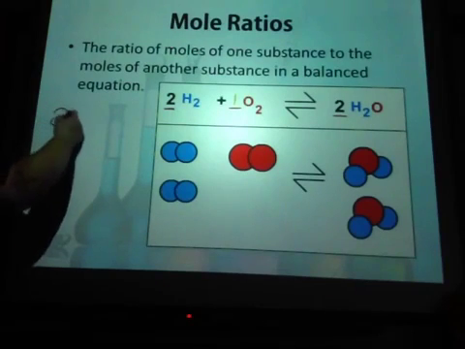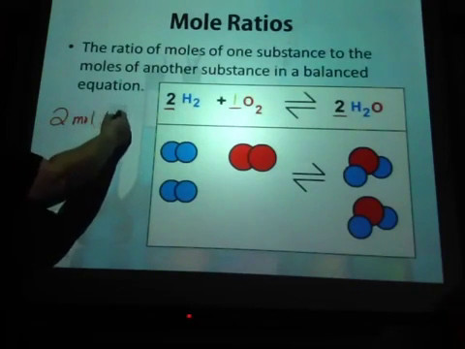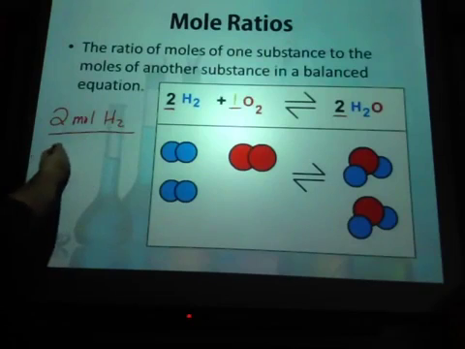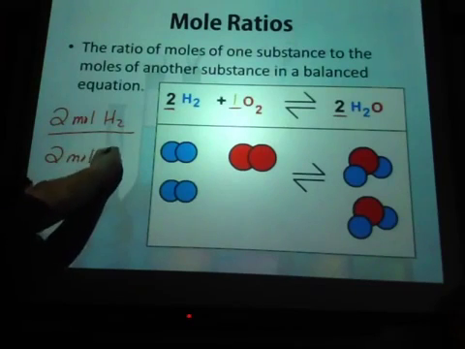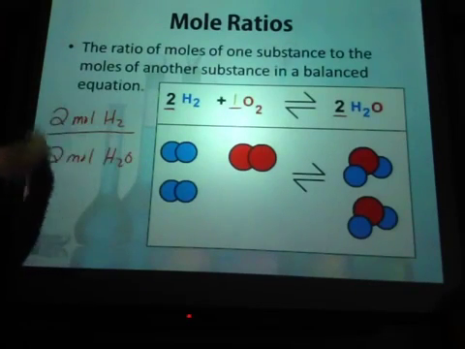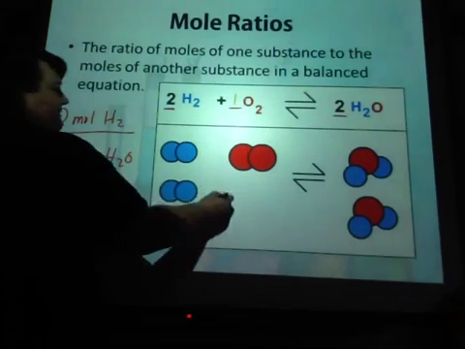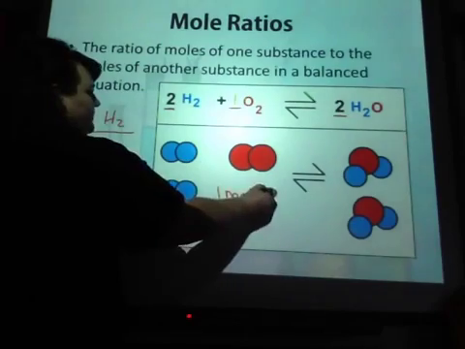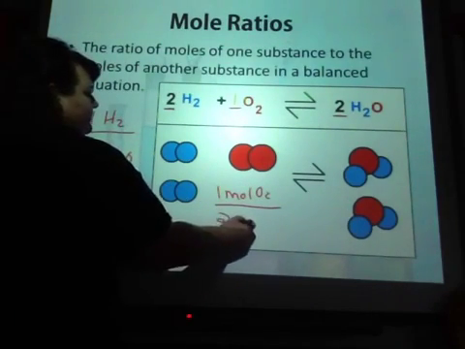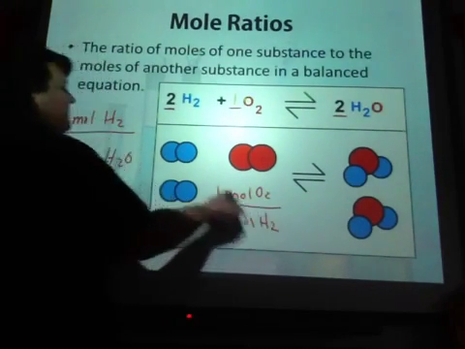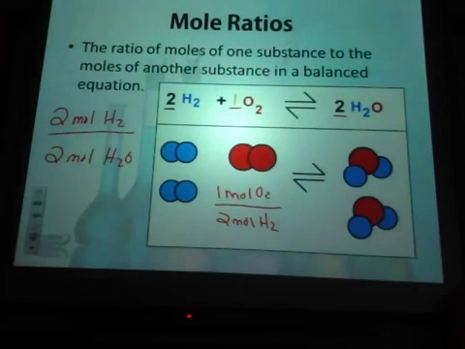So if I have 2 moles of H2, it's related to 2 moles of H2O. That's our ratio of moles. Or we can write a lot of other ones. I can have 1 mole of O2 to 2 moles of H2. So that's the ratio of oxygen to hydrogen.